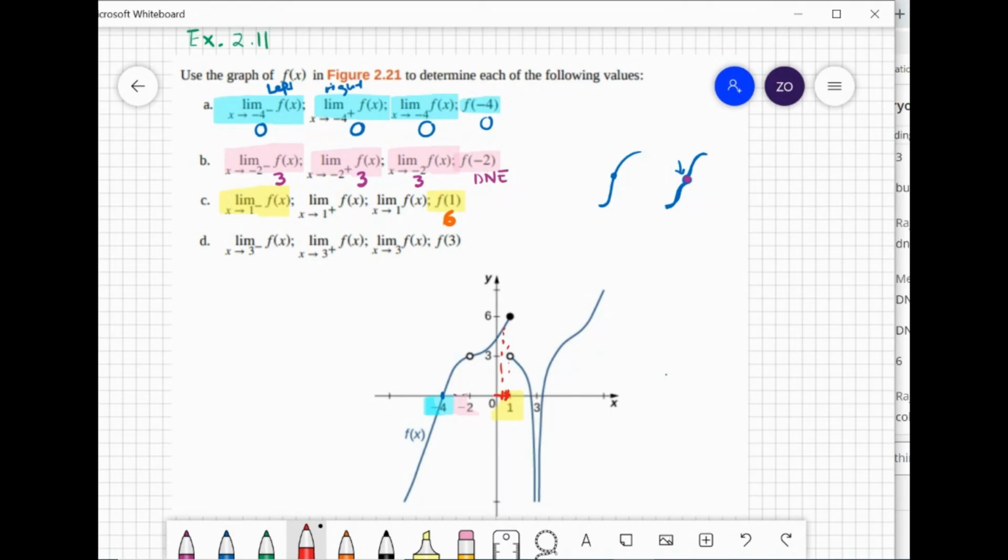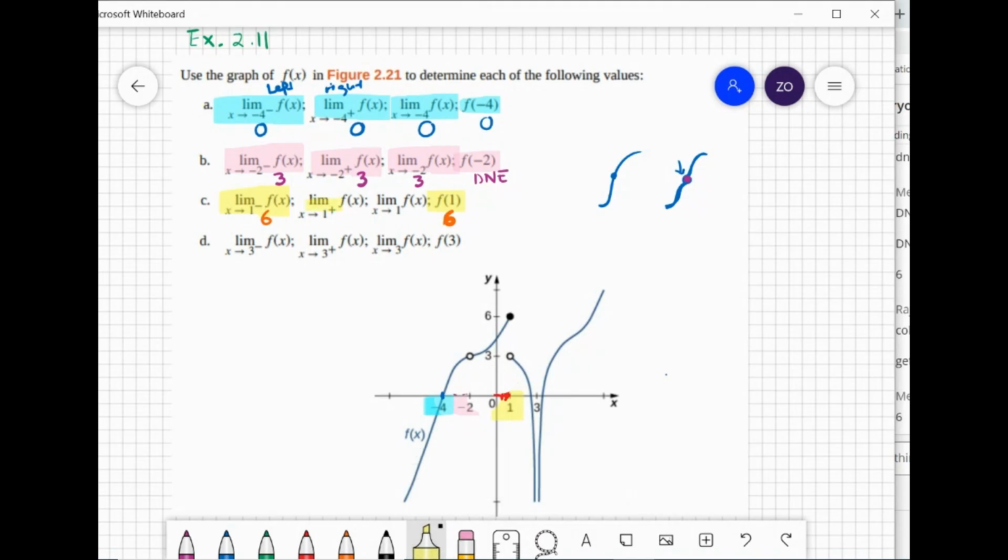What do their y values approach? They are getting closer to 6. So the limit of this function as x approaches 1 from the left side is 6.